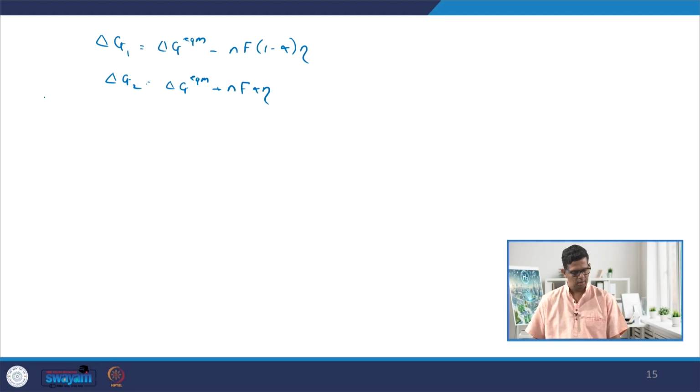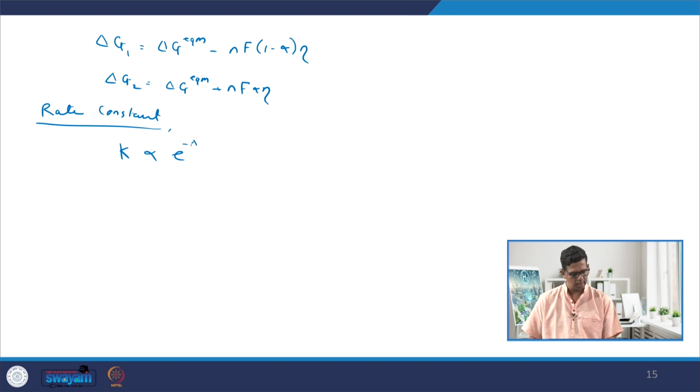Now let us introduce one more term, called the rate constant. This rate constant, denoted by the letter k, is proportional to exponential of minus delta G by RT. The unit of this rate constant is per second, so per unit time, the unit of k is per second.